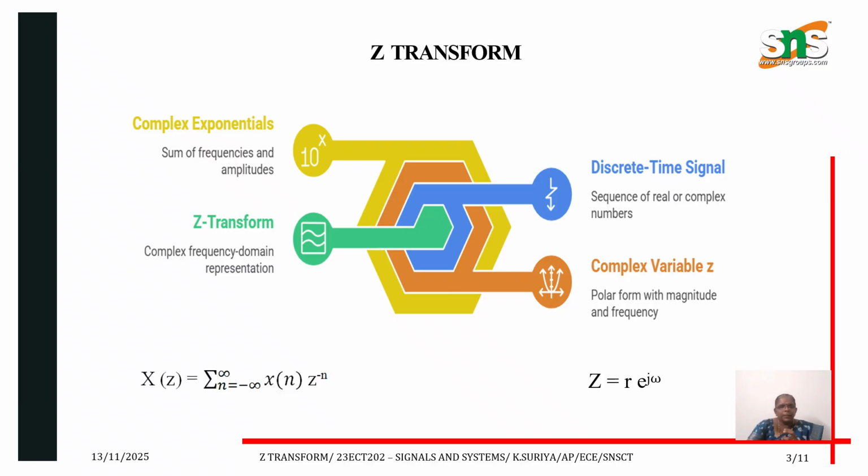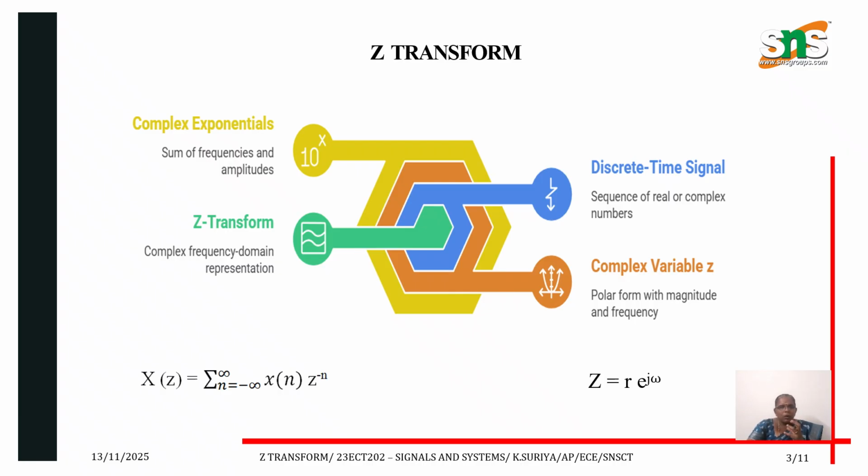So mathematically, Z transform of a discrete time signal x of n is defined as capital X of z, as shown in the equation, which is given by summation of n equal to minus infinity to infinity x of n z power minus n, where X of z is the Z transform of a signal x of n, x of n is the discrete time signal, and z is a complex variable.